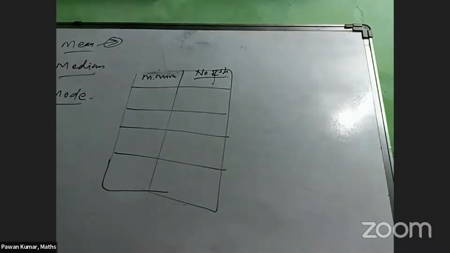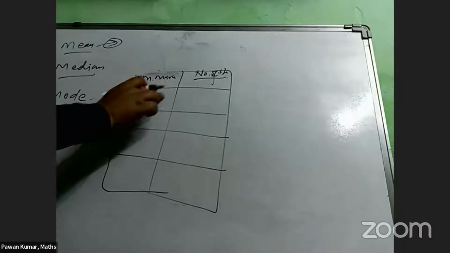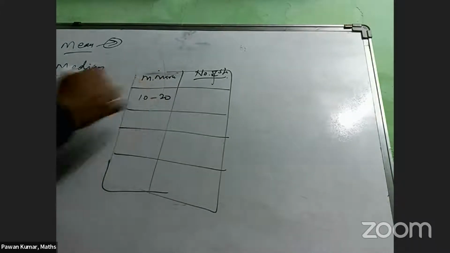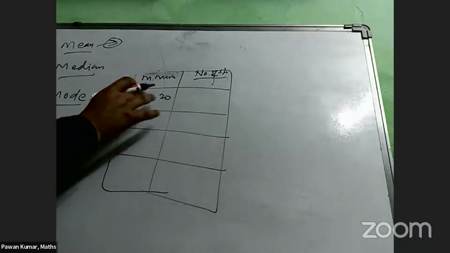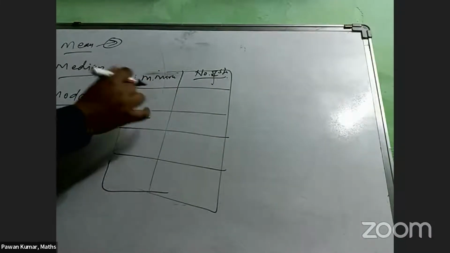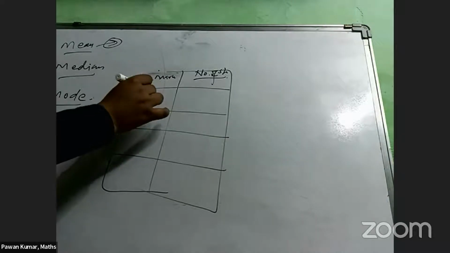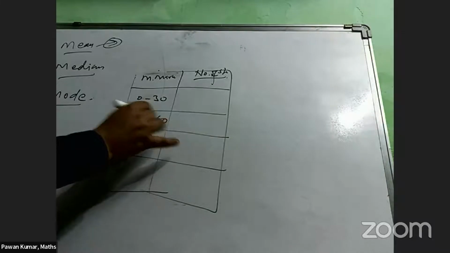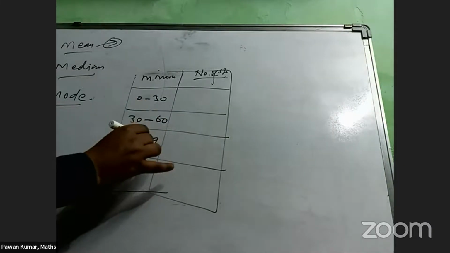In mathematics, suppose we make class intervals: 0 to 30, 30 to 60, 60 to 90.